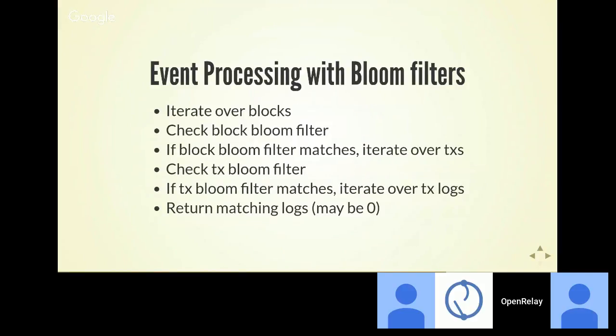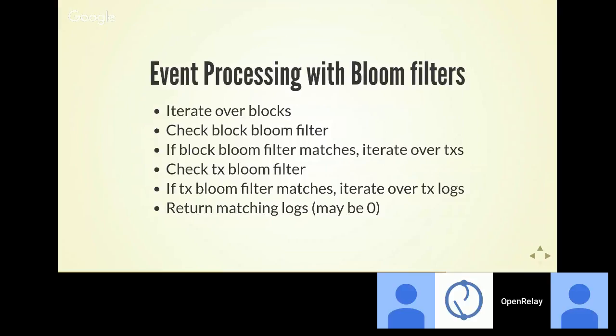So we went over our event processing absent Bloom filters a little bit ago, and how we had to iterate over every block and every transaction and every log. In this case, we iterate over the blocks, and we check our filter against the block Bloom filter. Only if the block Bloom filter tells us that our filter is matched, then we iterate over all of the transactions in that block and check the transaction level Bloom filter to see if that transaction includes any logs we're interested in.